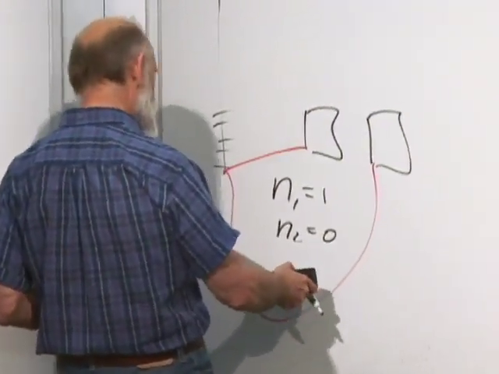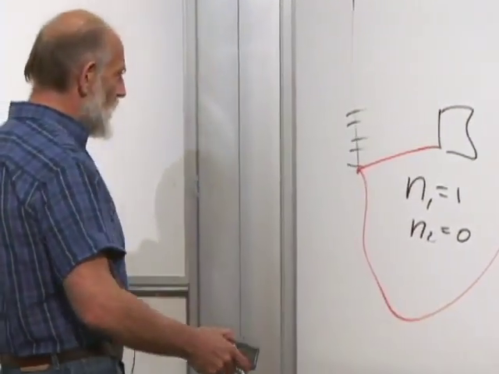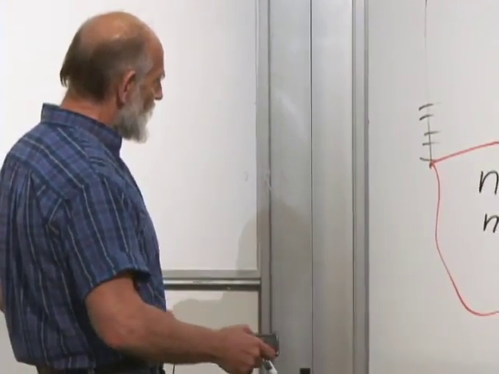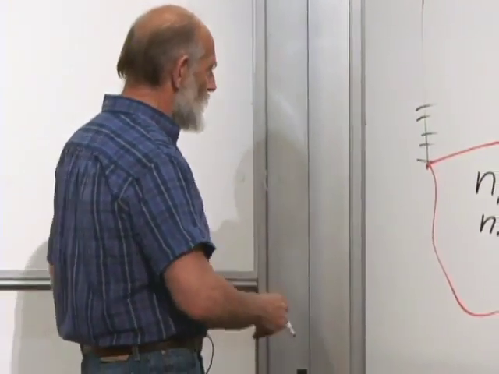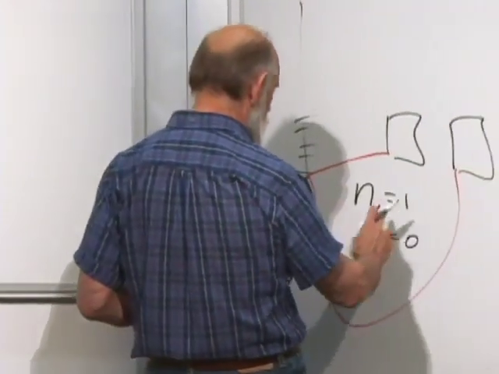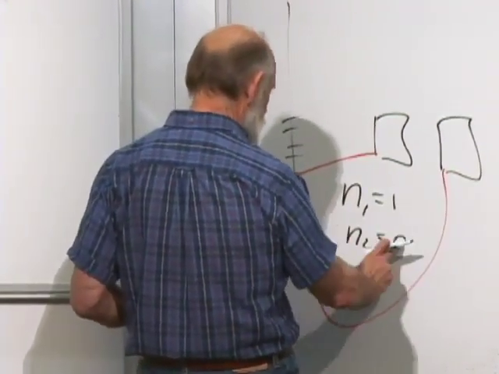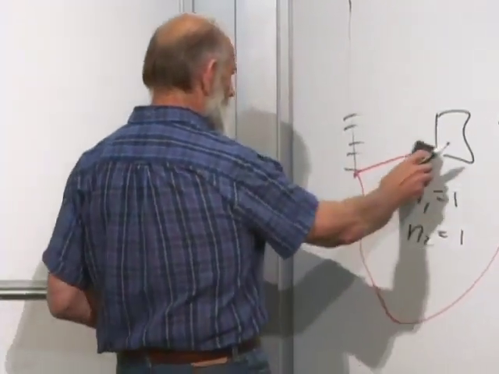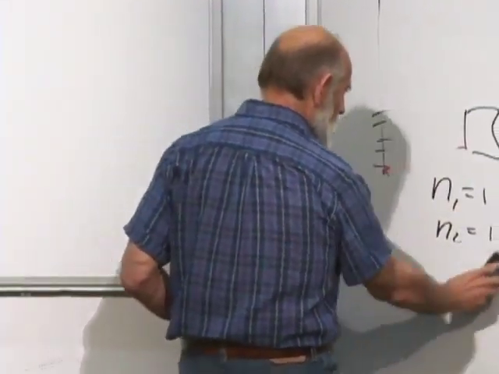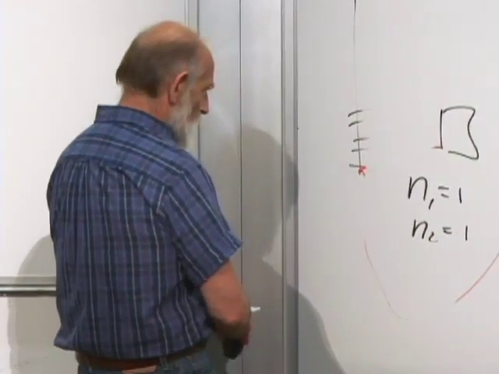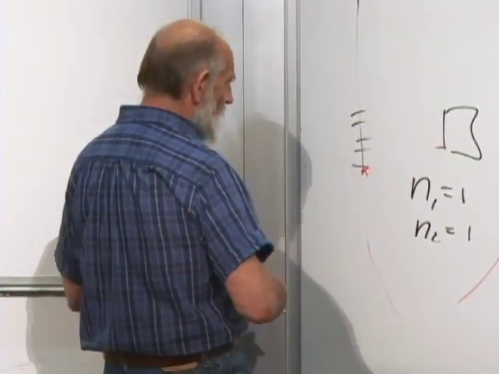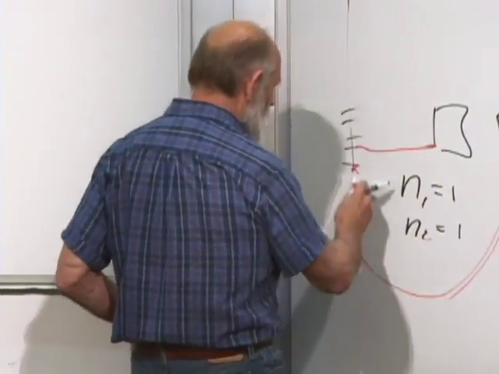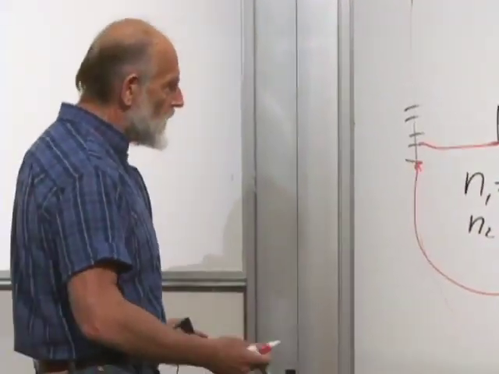What's another possibility? You can have one go to 1, the other go to 2. So N1 is 1, and N2 is 1. So now we have either this situation or, what's the other situation?